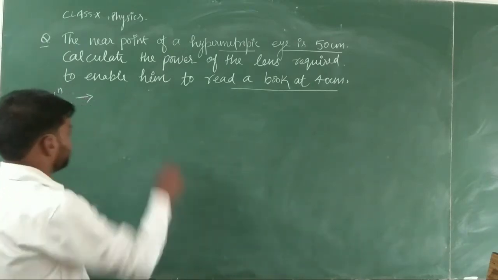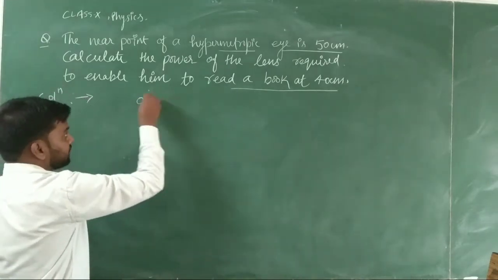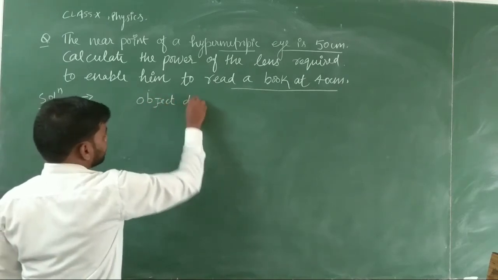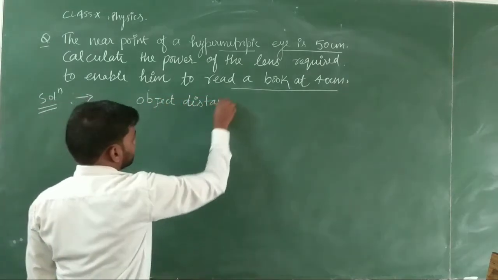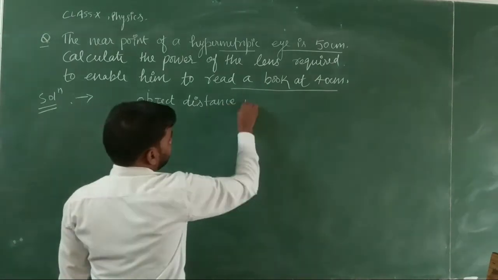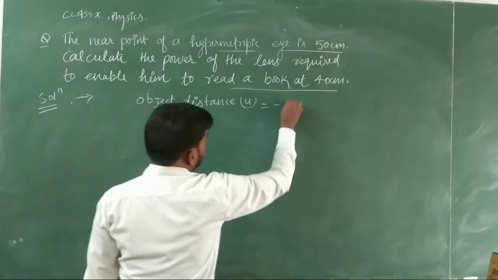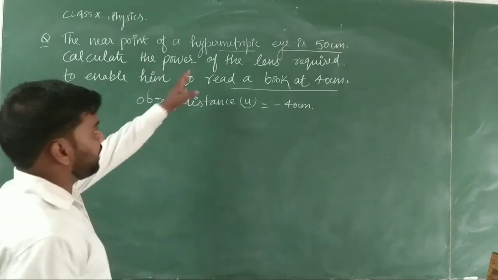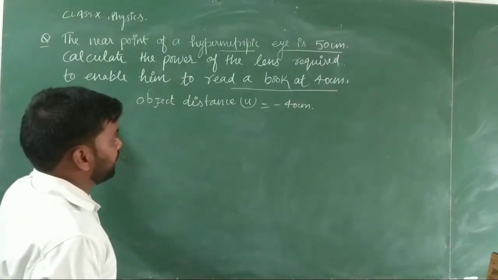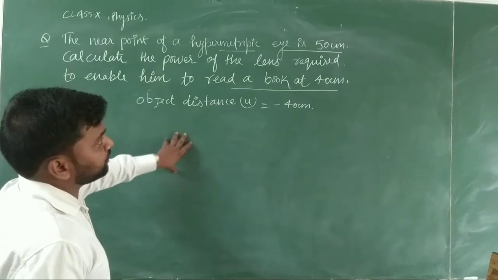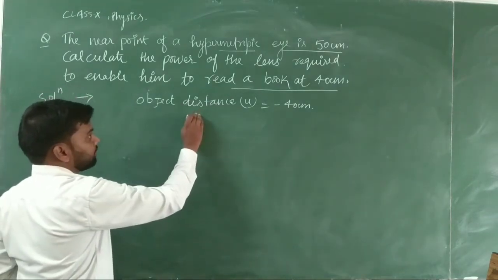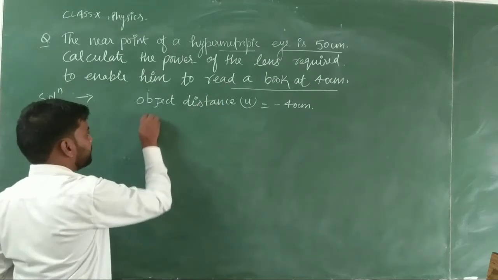Okay, meaning he will always put the book at 40 centimeters. So the object distance will be u equal to minus 40 centimeter. But due to hypermetropia, the near point has been shifted to 50 centimeter. So the image of this object will be formed at 50 centimeter.